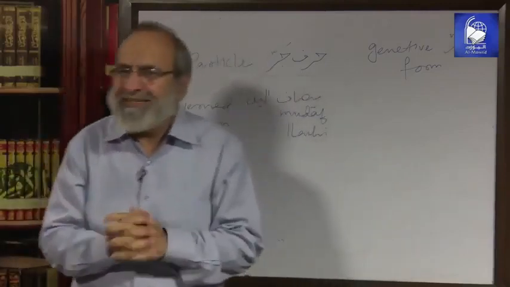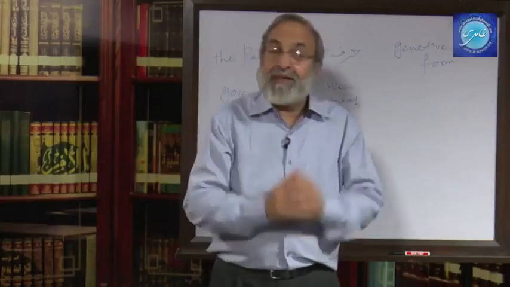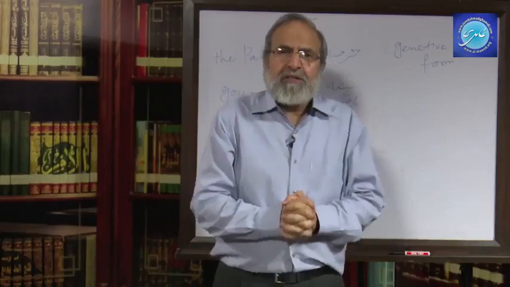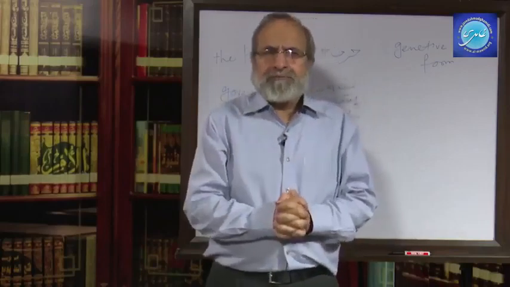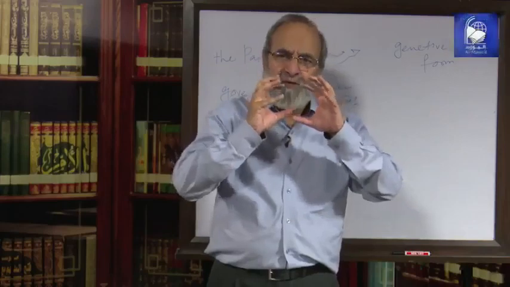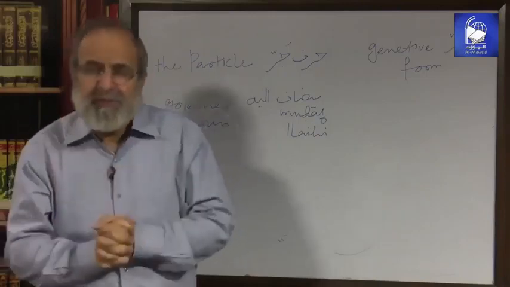So what was done was that these particles, huruf jar, huruf is the plural of harf, there are 17 in all. Maybe there are more, but 17 are normally better known. They were given the form of a poetic couplet, and in Persian.